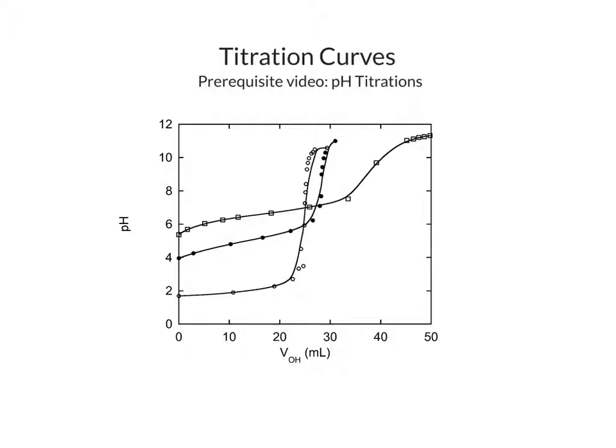Recall that this initial pH value, before we've added any sodium hydroxide or strong base to the solution, is governed by the weak acid in water ionizing to form its conjugate base and H3O+.